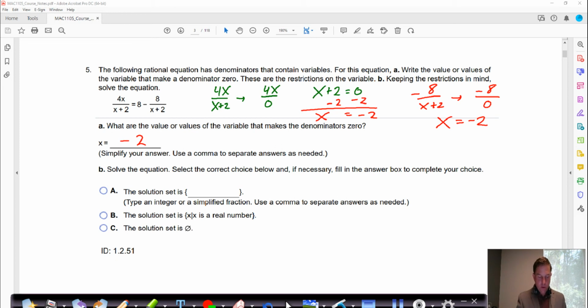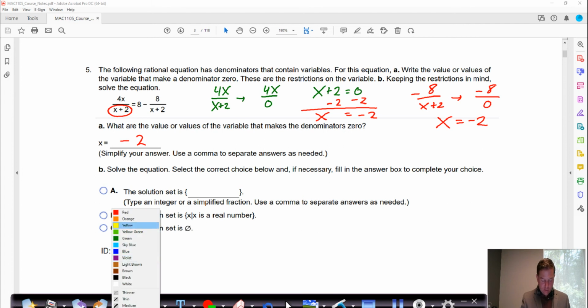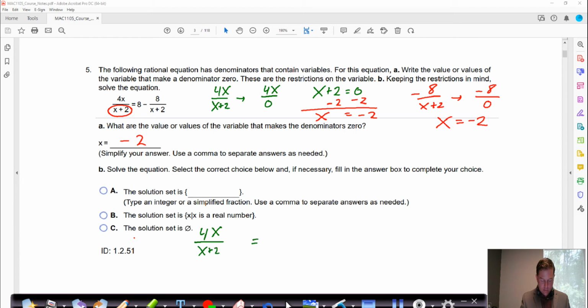Okay, just like before, we are going to multiply everything by one copy of the denominator, the biggest denominator. In this case, it's x plus 2. So we're going to have 4x over x plus 2 equals 8, minus 8 over x plus 2.